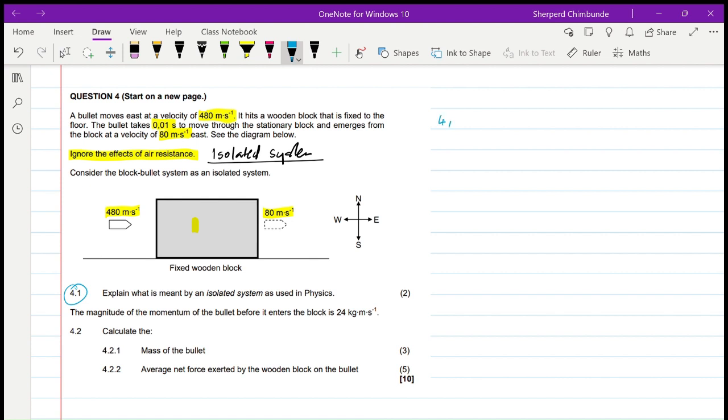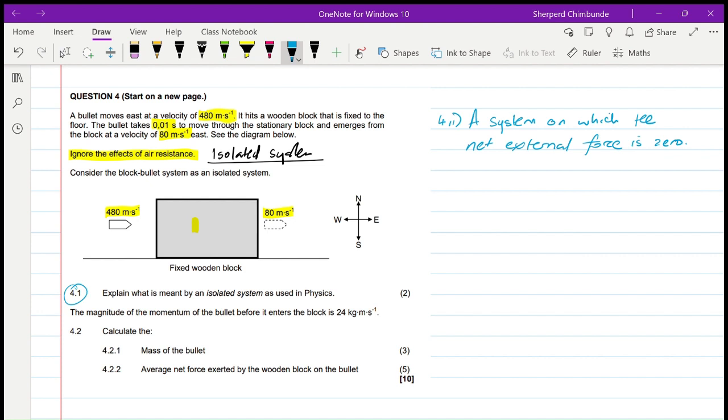So 4.1 is going to say a system on which the net external force is 0.